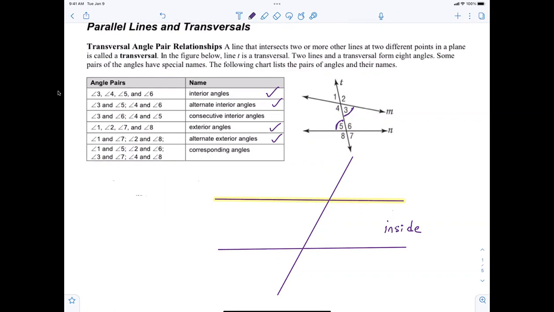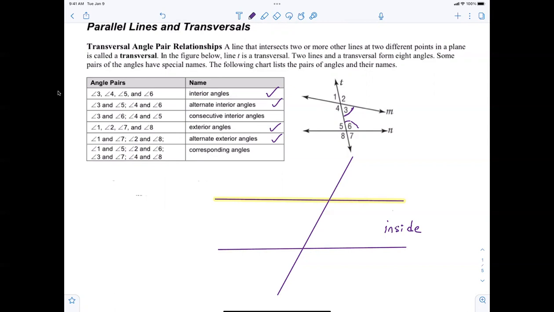Now, consecutive interior. Well, if you're not alternating, then you are what? Consecutive. Consecutive just means they're on the same side of the transversal. Some geometry books call them same side interior angles, but we're going to call them consecutive interior angles.